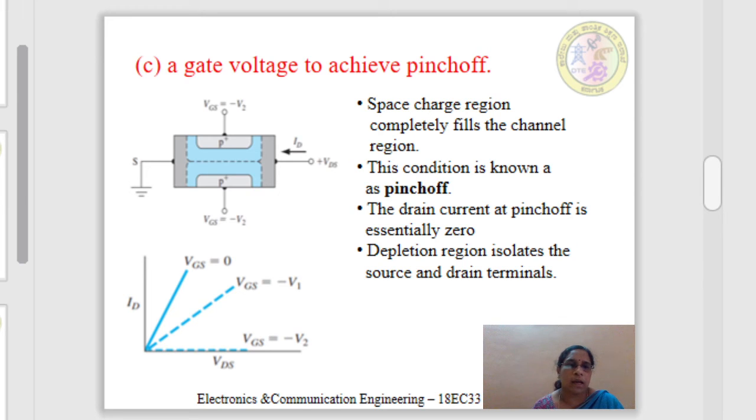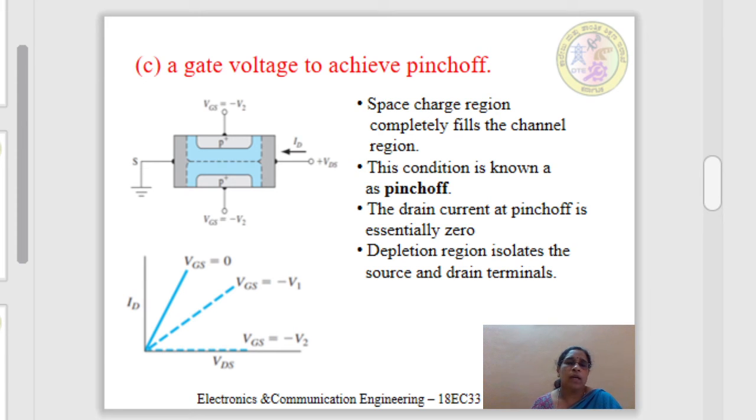Now in this graph you can compare all three conditions. When VGS equals 0, the drain current was linearly increasing. When VGS is increased to minus V1 volts, the rate at which the drain current used to increase is now limited. And finally when VGS is still more negative, minus V2 volts, the regions have completely blocked the effective channel region, thereby making the drain current 0.